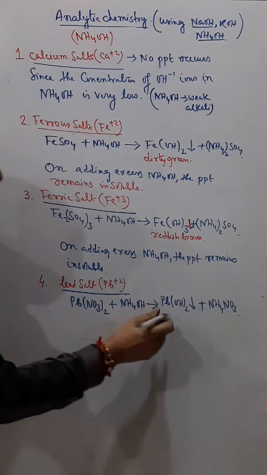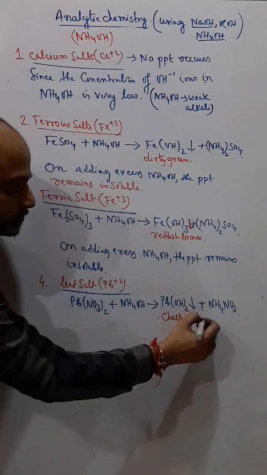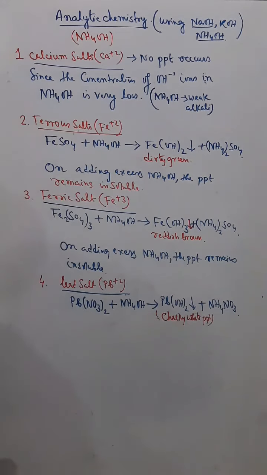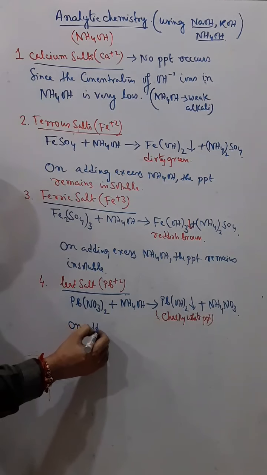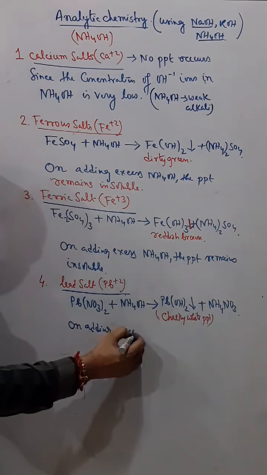That's simply white precipitate. Sometimes we write chalky white precipitate, and then in this case also on adding excess NH4OH, the PPT remains insoluble. Okay.